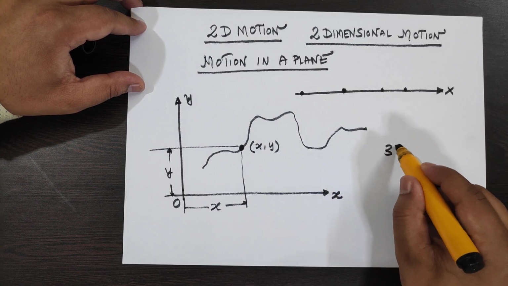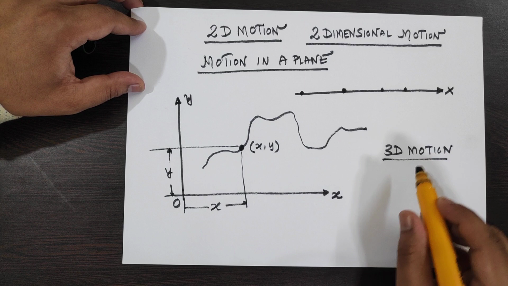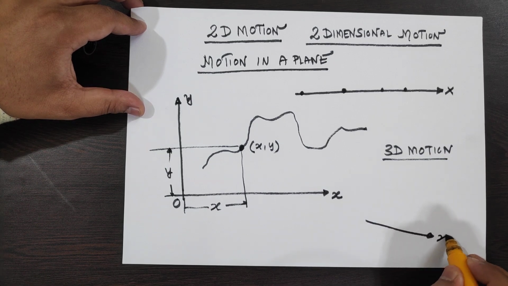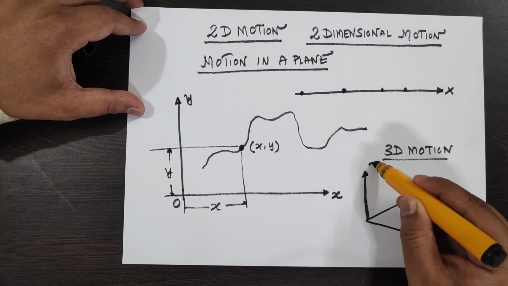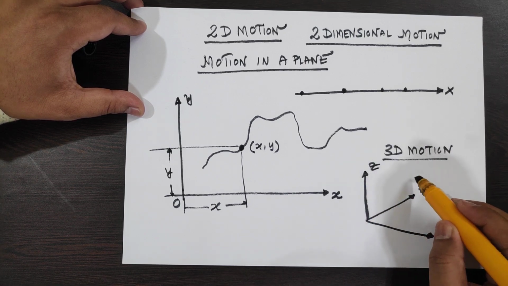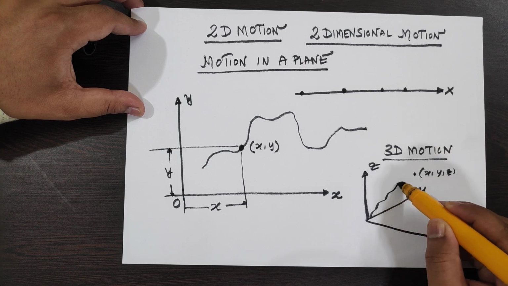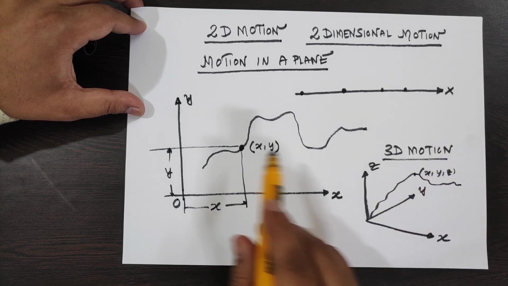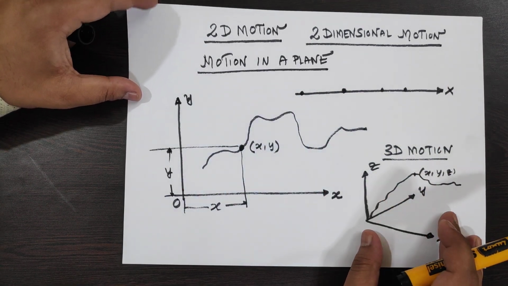An example of 3D motion is a mosquito flying in space. So we would need three coordinates x, y, z to describe the position of the mosquito as it flies. However, for the time being we are discussing two-dimensional motion.